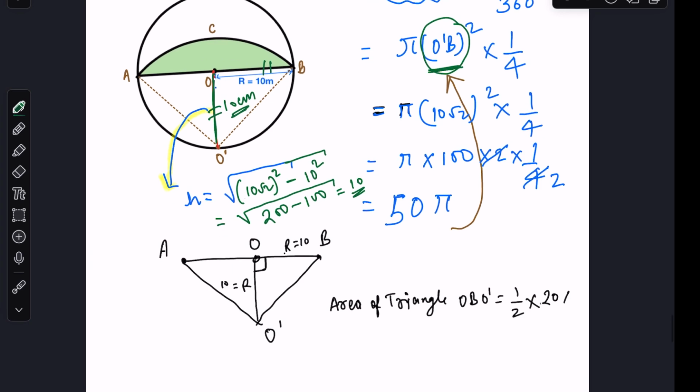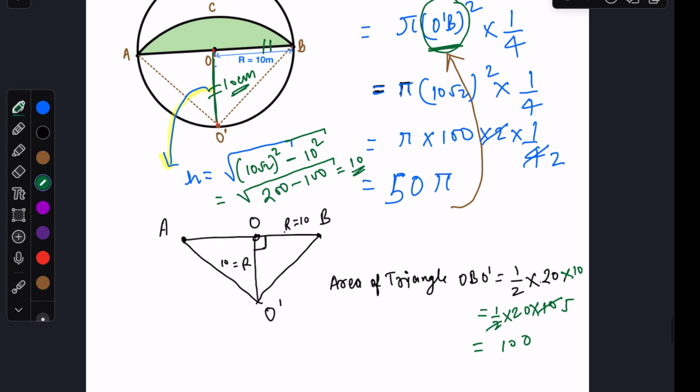So area of triangle is half into base, which was 20, into height, which is the radius of the original circle, 10. So this will be half into 20 into 10. Area is 100.